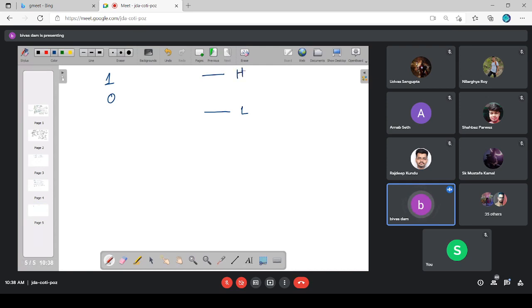Now, depending on the logic family, this lower voltage level and the higher voltage level may vary. For example, in the TTL logic family, the lower voltage level may be 0 and the higher voltage level may be 5 volt. For low voltage TTL, L will be 0 and H may be 3.3 volt.